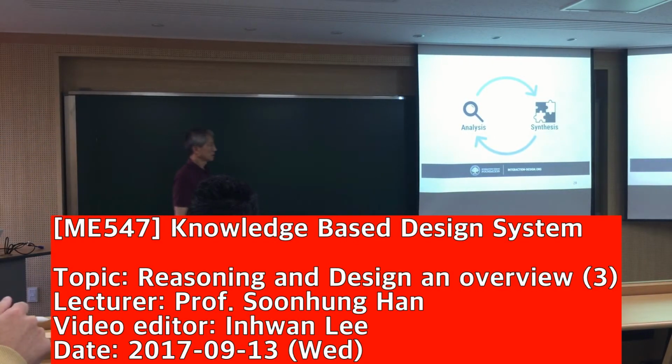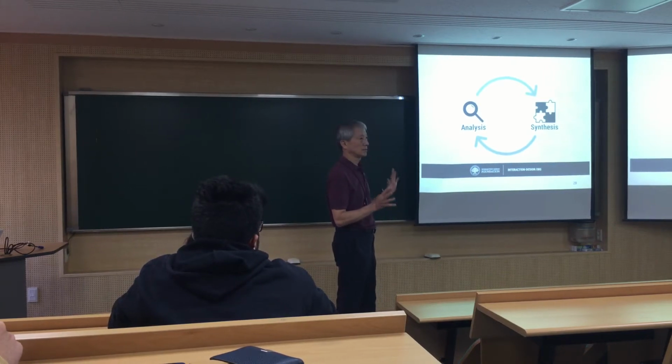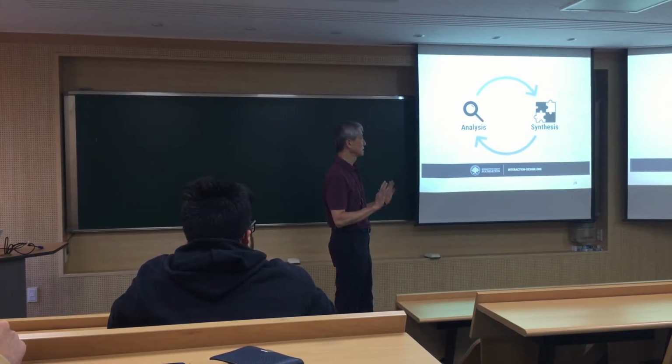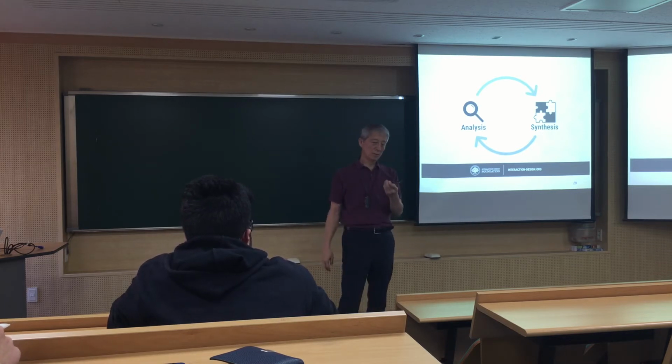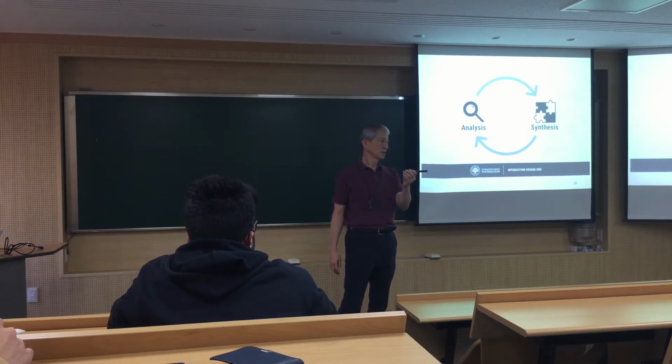So I explained that this is something like a chicken and egg game. Analysis and synthesis need each other for doing their work. To analyze whether this pipe will break, we need the design first. The model itself is needed for the analysis.